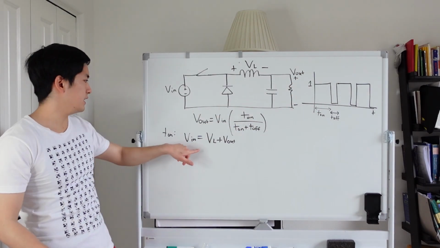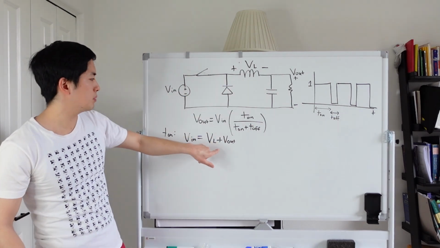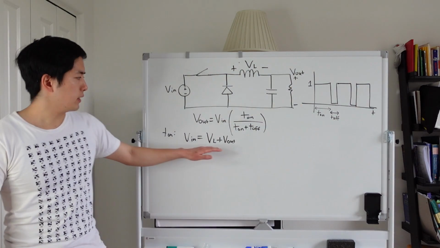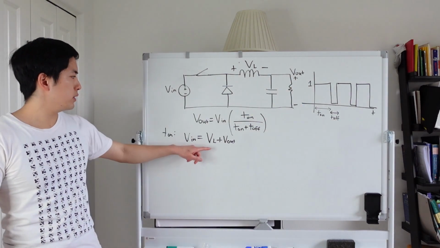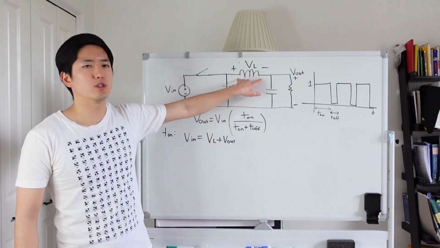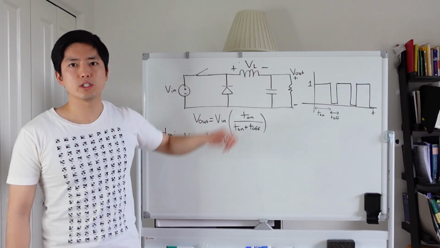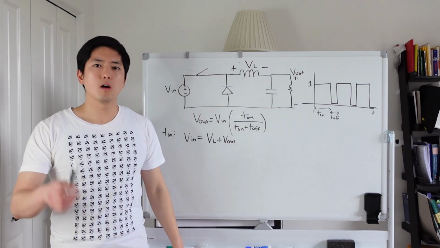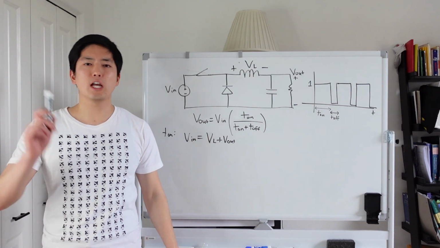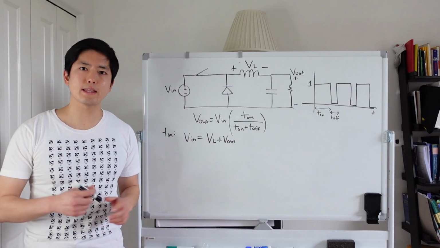So we have V in equal to the voltage across the inductor plus V out. So now that we have this equation, what do we know about VL? Well, we already know the equation for the voltage induced across an inductor, right? The voltage induced across an inductor would simply be the inductance multiplied by the change in current with respect to time. So let's write that out.